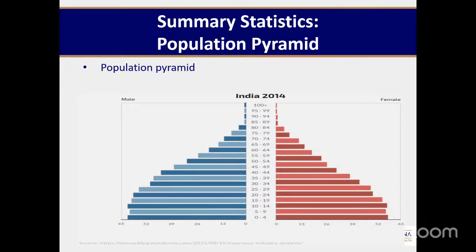And this is what we call a population pyramid. And Excel can do this effectively. And of course, I know SPSS can also do this effectively.